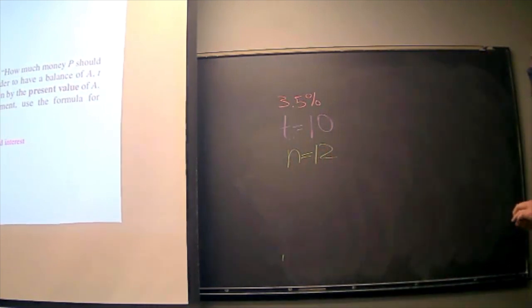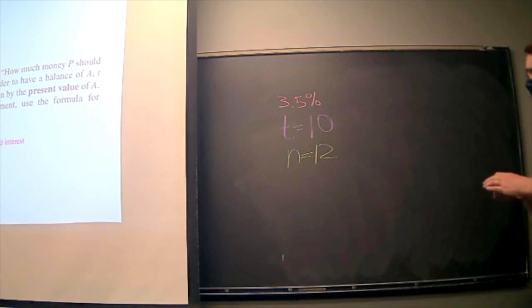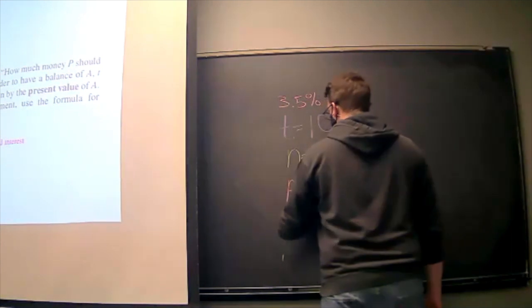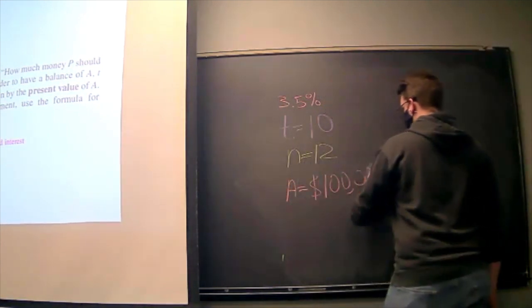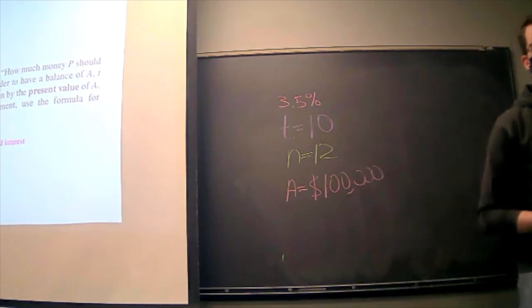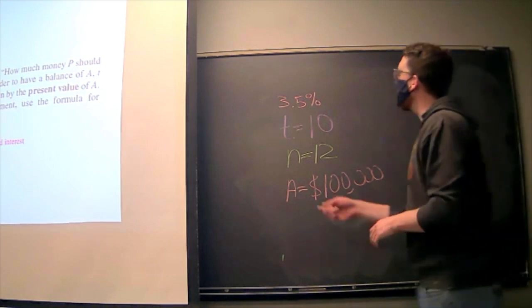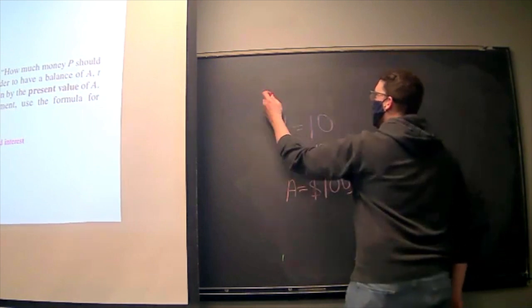And we're getting this CD so that we can pay off a house down the road. We have an idea of how much we want to pay, let's say $100,000. So I have all of this in mind. The bank tells me the CD incurs an interest rate, like I said, of 3.5%.